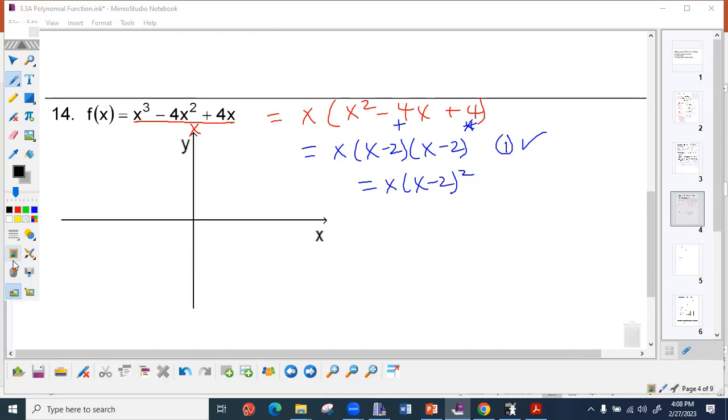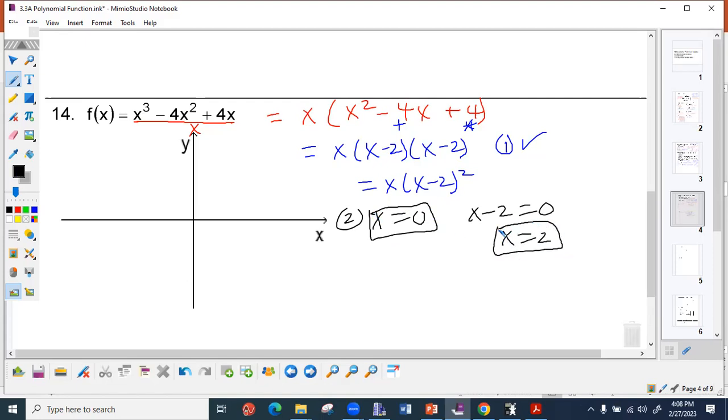Okay, step 2 tells me to do what? Find x at 0. So step 2 is I'm going to take each factor and set it equal to 0. So we have x equals 0 and we have x equals 2. Perfect. Okay, step 3 is fairly easy. If I plug 0 into everything, what's going to equal 0?